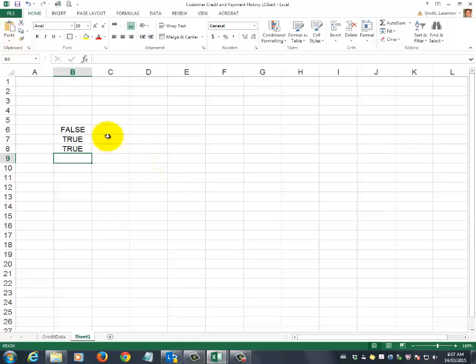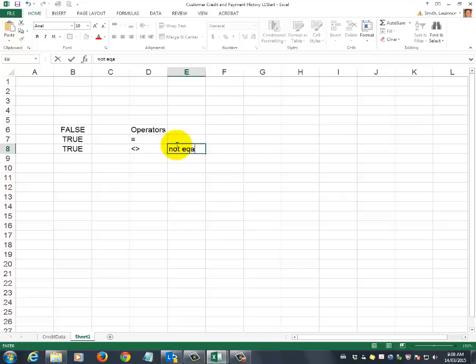Okay, so these are what we call logicals in the Excel world, and logicals use operators to help understand if two elements are true or false. So for example, if I write down the word operators here, operators are things like an equal sign, or this one here, that means not equal to.